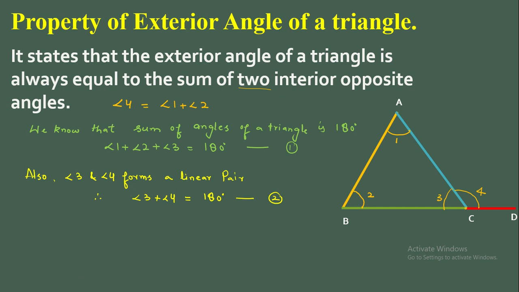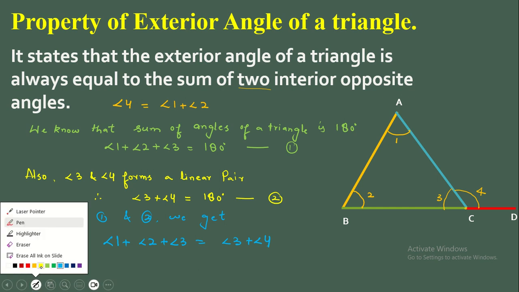So from first and second, the right sides are the same, so we can say the left sides will be equal as well. So from first and second, we get angle 1 plus angle 2 plus angle 3 is equal to angle 3 plus angle 4.